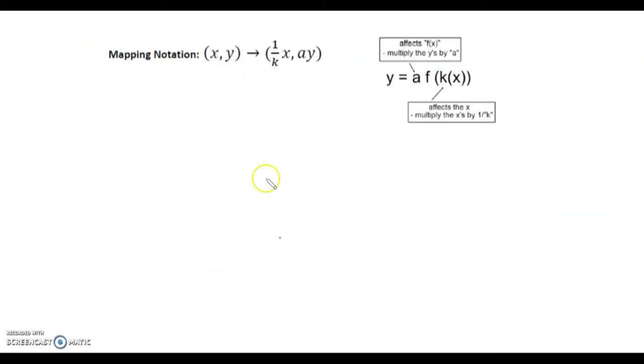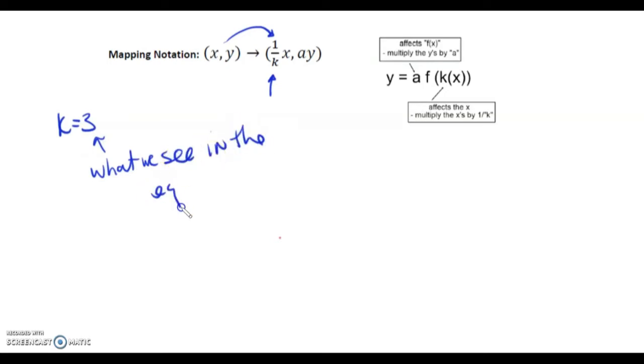Okay, so for our mapping notation, we have (x, y), and the x is going to map onto 1 over k times x. The reason why we have 1 over k is, for example, if the k value, which is what we see in the equation, is a 3, well, we know that it's actually not a stretch, so we can't multiply by 3. So we're taking the reciprocal, 1 over 3.